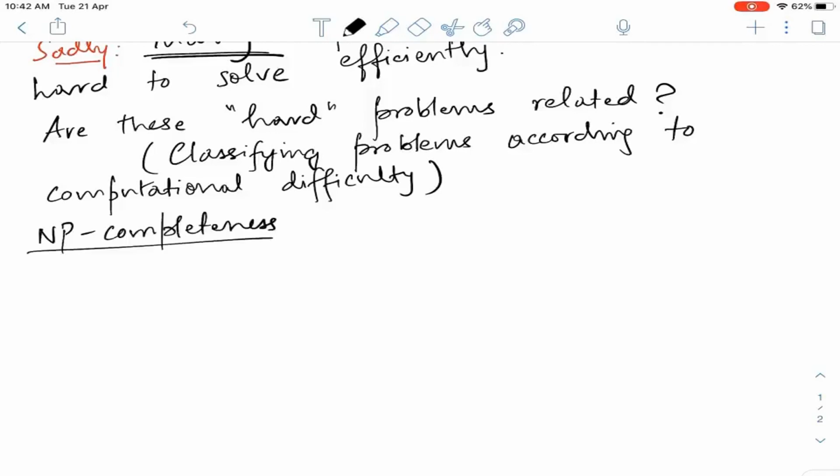Right? Okay, and let me tell you straight away that this is a topic on which any computer science enthusiast should spend at least half a semester just on NP completeness. There are several aspects to it. We would not be delving so deep into this topic. We would just touch upon it.